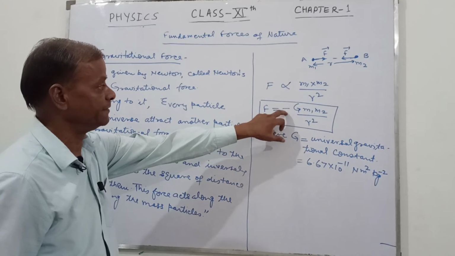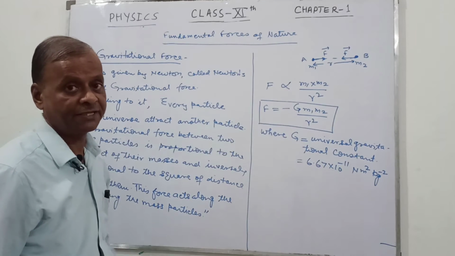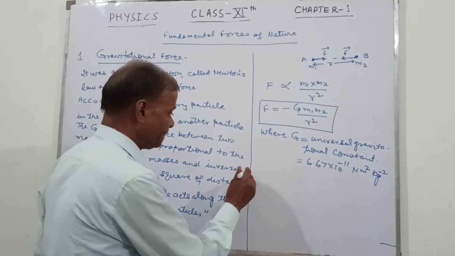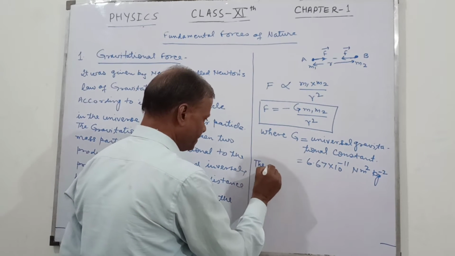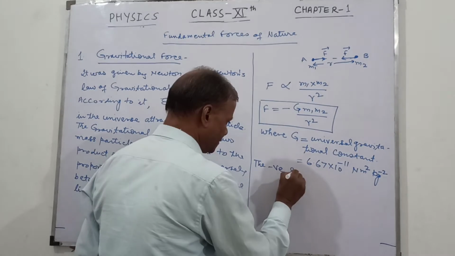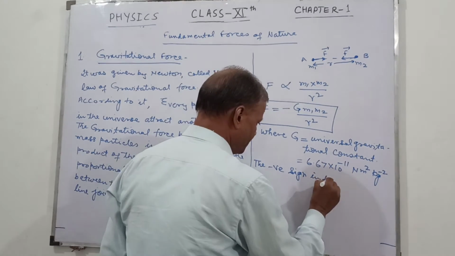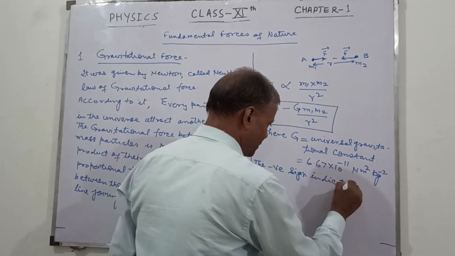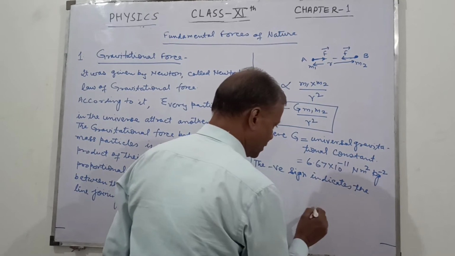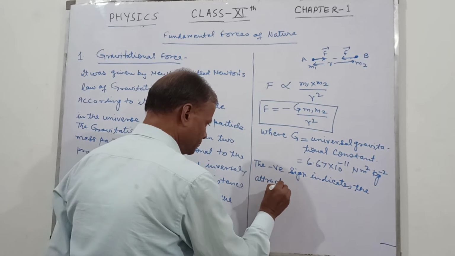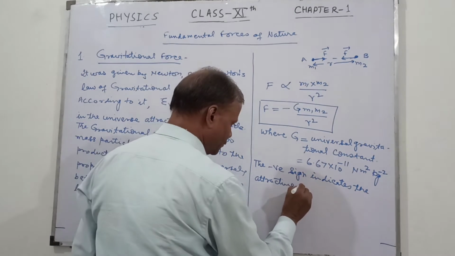Here the minus sign indicates that the gravitational force is always an attractive force. The negative sign indicates the attractive force.